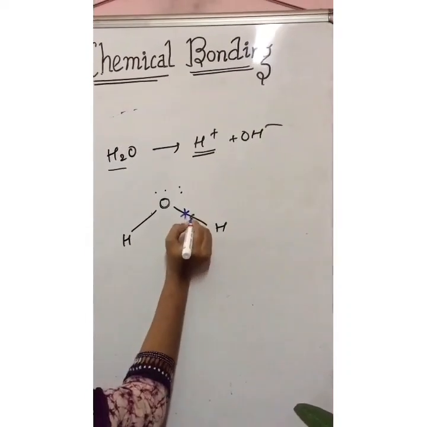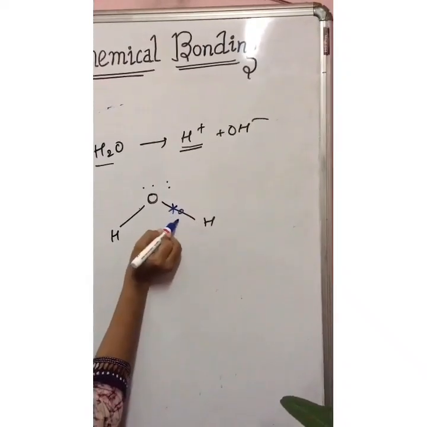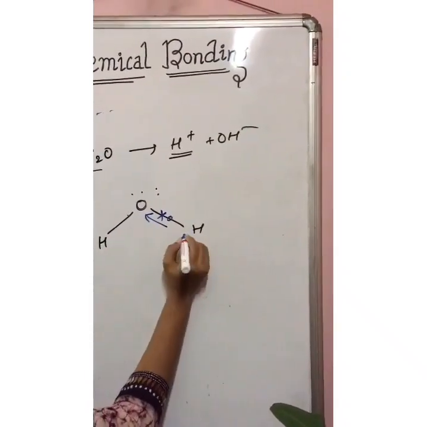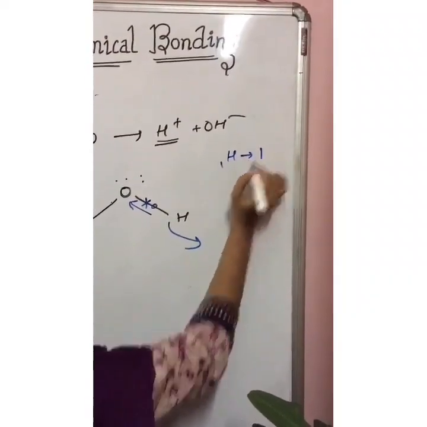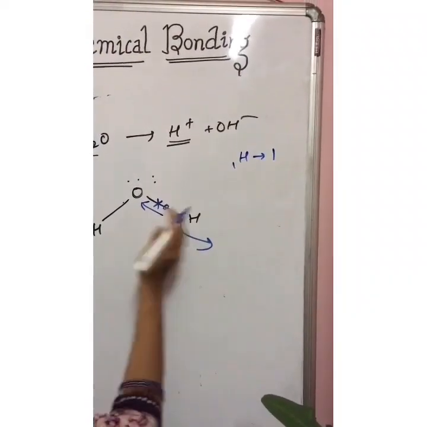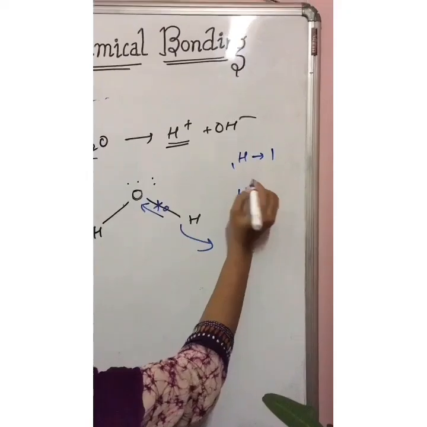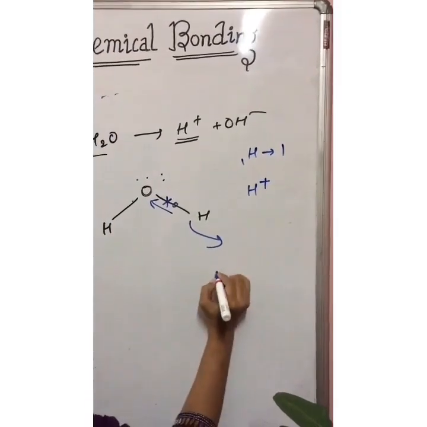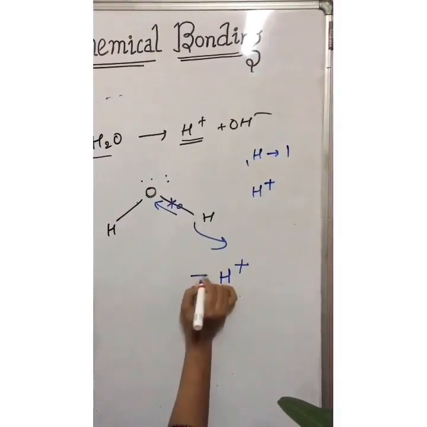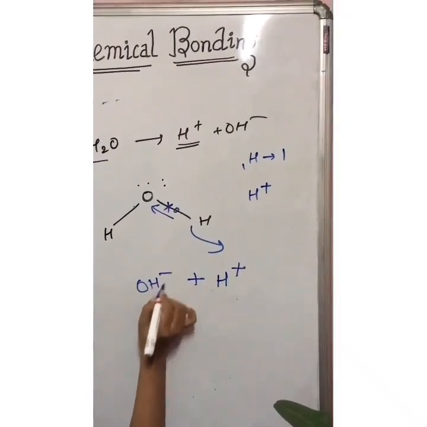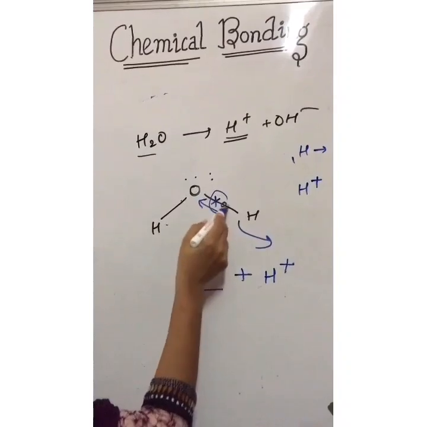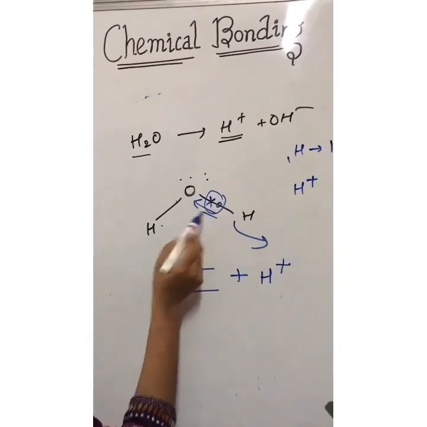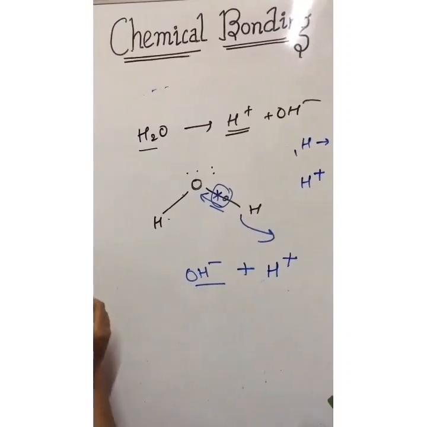That means this has 2 electrons here. Oxygen takes away both the electrons. So H goes out. H initially has 1 electron. When H goes out without any electron, we get H plus which has 0 electrons. That is why we have H plus plus OH minus. Why do we get OH minus? Because this OH is getting an extra pair of electrons from this bond. That is why we have OH minus.